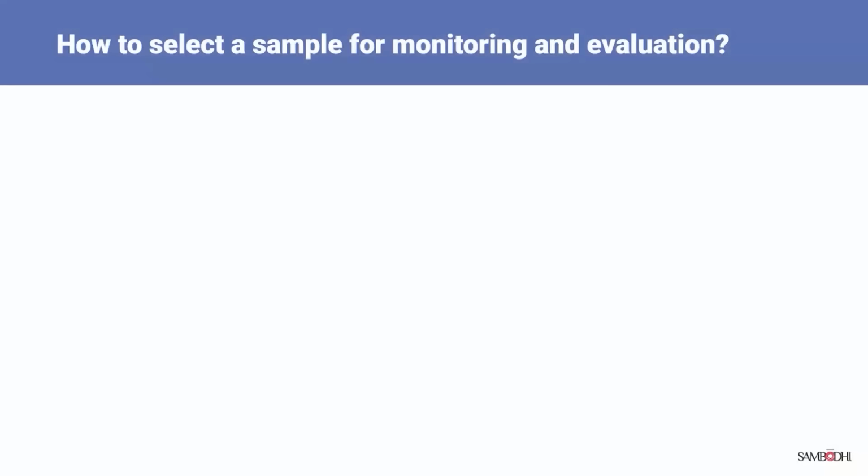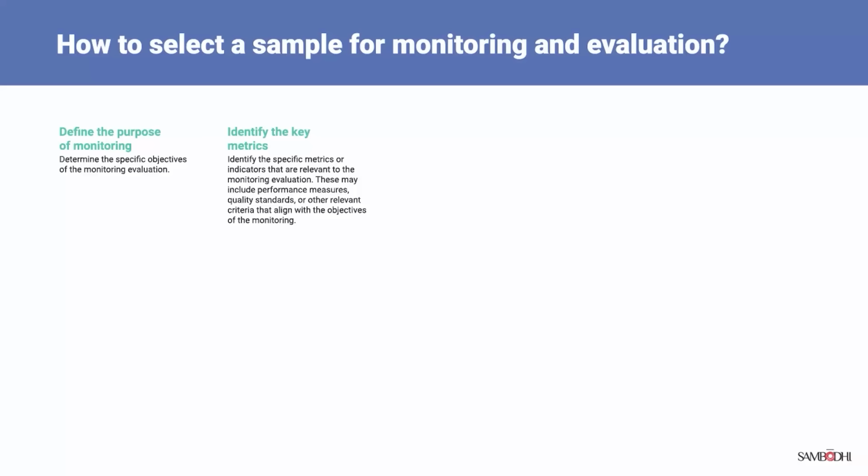To select a sample for monitoring and evaluation, it is crucial to understand each step in the process, which is what we will do in this section. First, you must define the purpose of monitoring, which basically means to determine the specific objectives of the monitoring evaluation. Then you must identify the key metrics or indicators that are relevant to the monitoring evaluation.